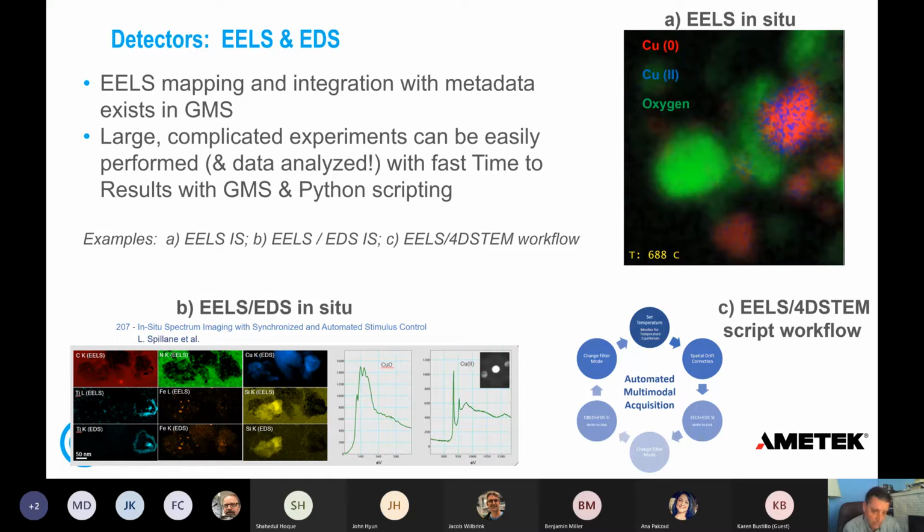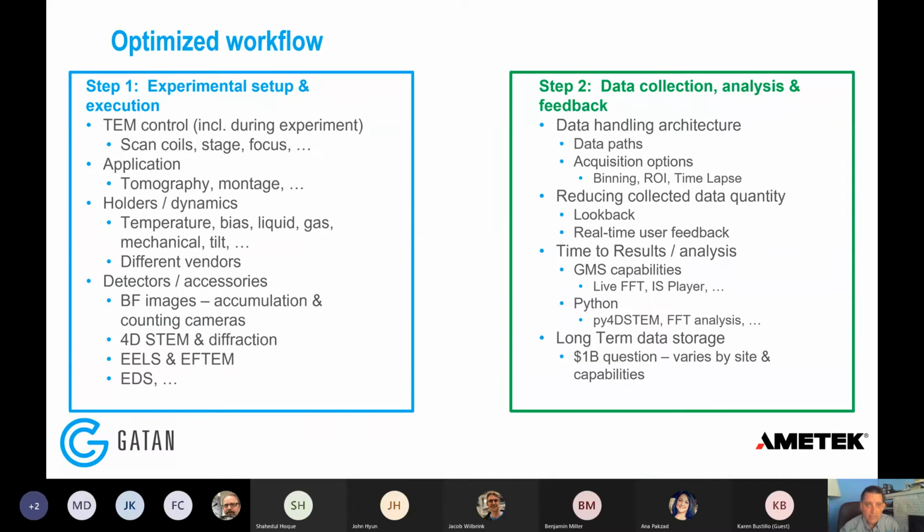So what we did in a clever setup was script something that alternated between collecting EELS and EELS-EDS data, and then would switch modes quickly and collect a 4D STEM map. So you can generate this wealth of data in an automated manner. And you have the ability to script, to change the variables, change the details, however you want to. So it's an extremely flexible system as well.